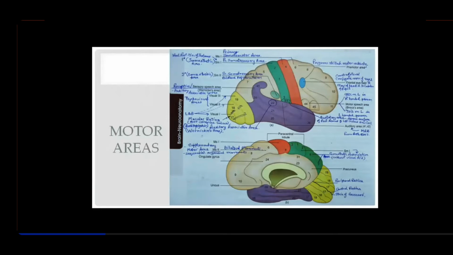It controls the voluntary skeletal muscles mainly of the opposite side, but the muscles of the axial skeleton, that means related to the spine, and chiefly the neck muscles, are controlled ipsilaterally. So that was about motor area 4, the primary motor area, having afferent and efferent connections, and I have told you the control also.